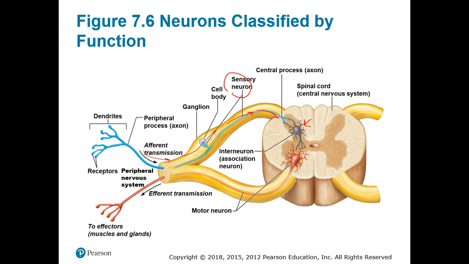Here, this is a good example of an interneuron. And then right here, the red is an example of my motor neuron sending my signal out to whatever muscle or gland that it needs to reach.